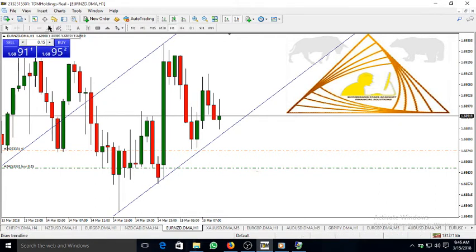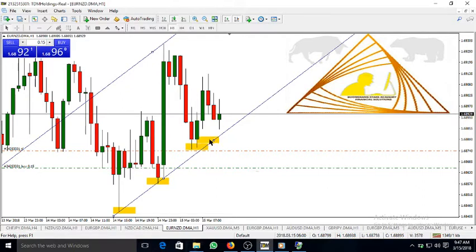And then I'll draw. So how many supports do I have first? The supports are, 1, 2, 3. I'm expecting it to create one more somewhere here, right?